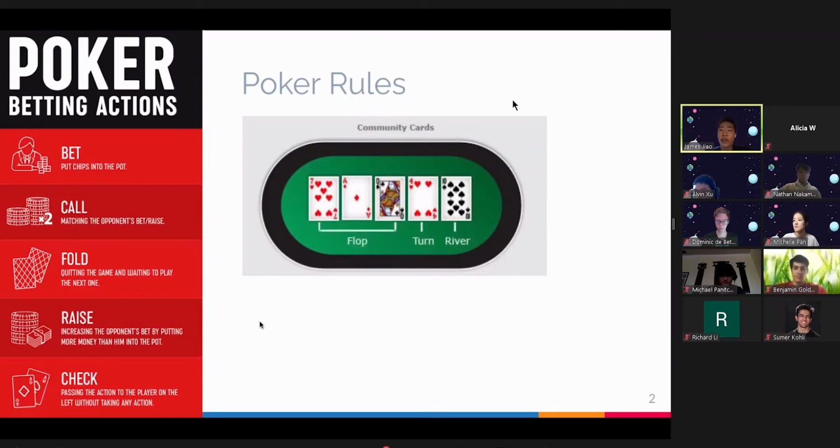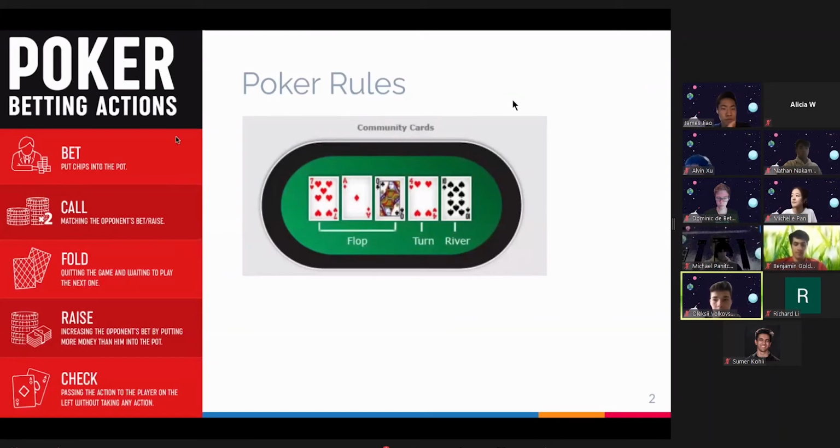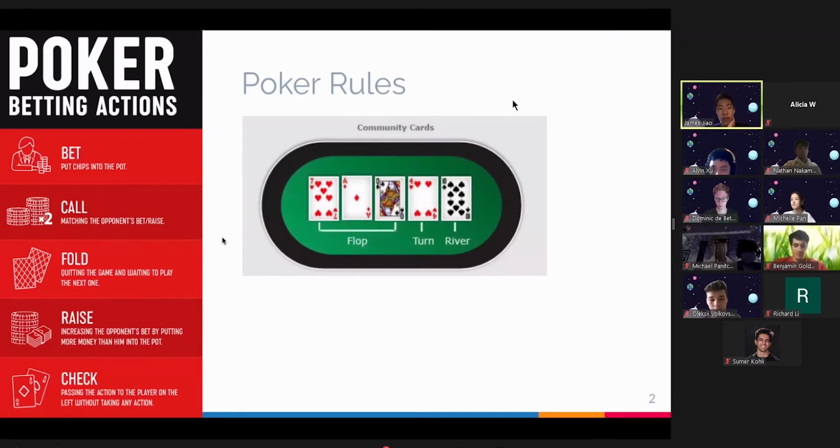And it's very interesting that there's a wide range of skill, even though there's only a limited amount of information you can have and a limited amount of actions. These are the 5 basic actions you can take. You can bet chips, you can call, which is betting the same amount your opponent has bet, folding, raising, and checking, which is like betting 0.